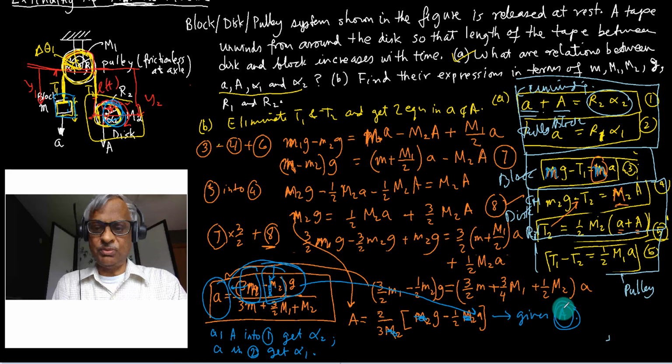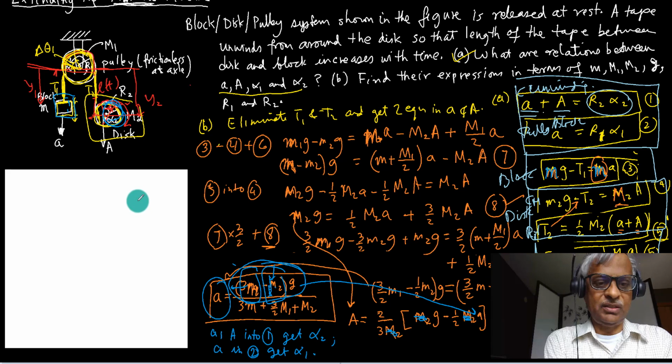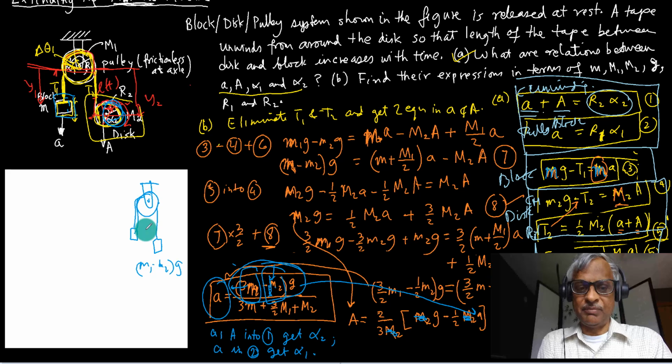In the case of Atwood machine, we had a much simpler setting. So in terms of Atwood machine, what drove was m1 minus m2 g. So it was just m1 minus m2 g that was responsible for the acceleration that was happening.